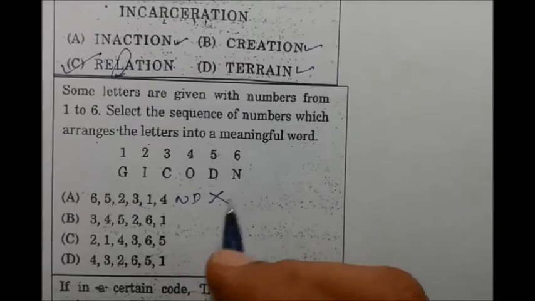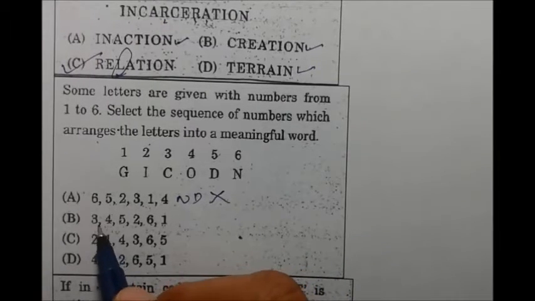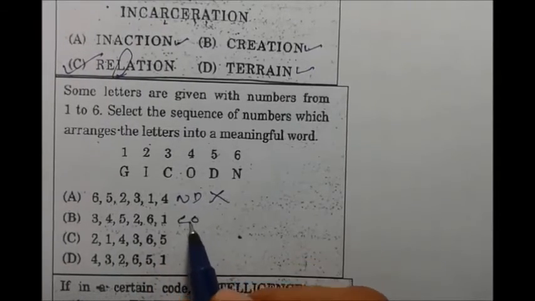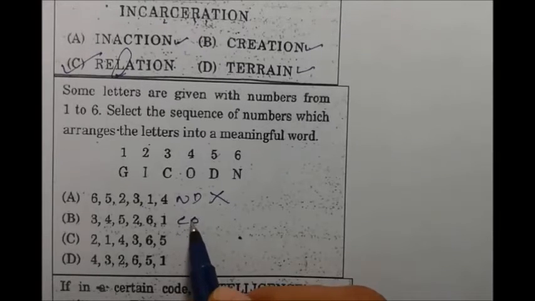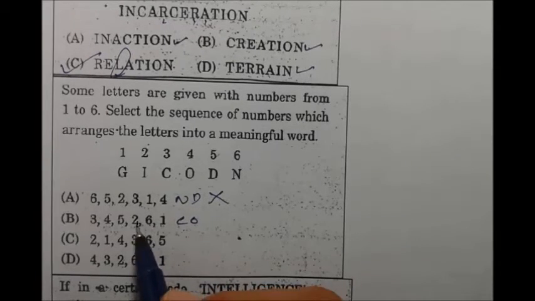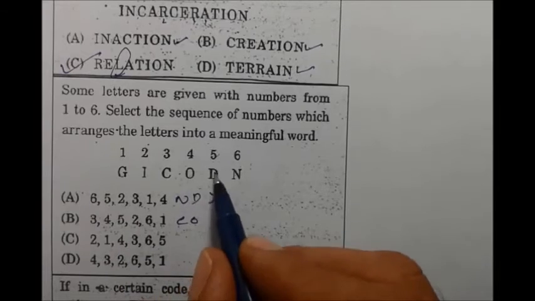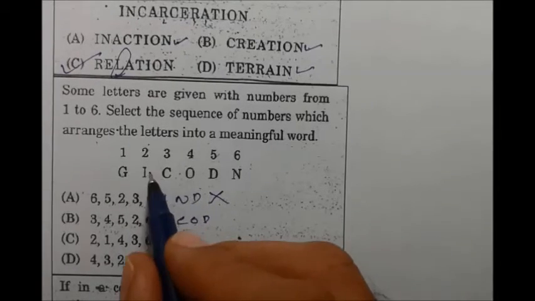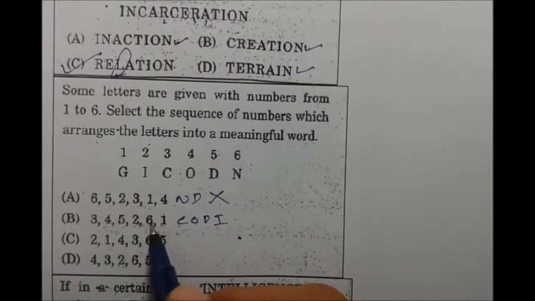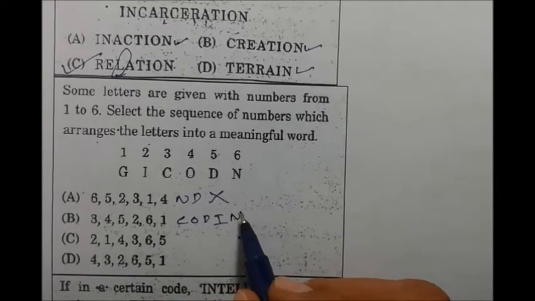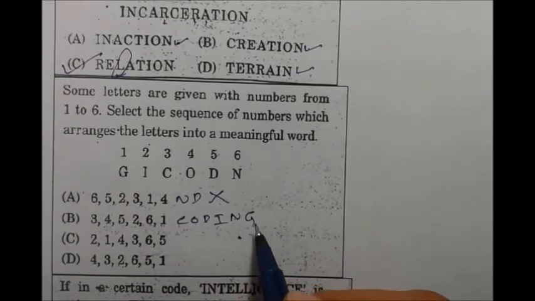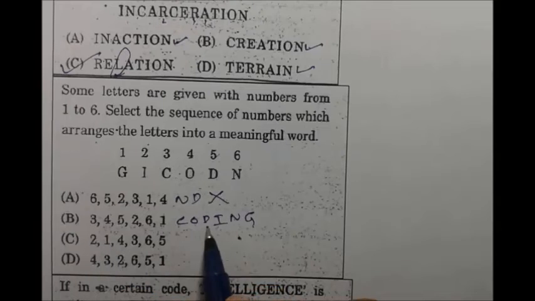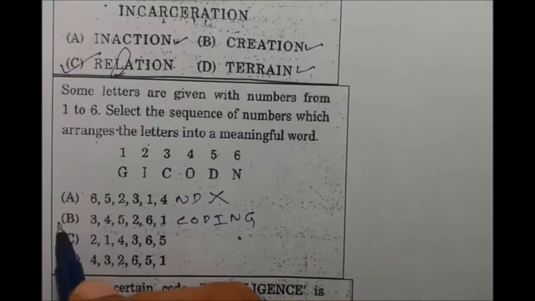So this is a wrong option. Now check B, 3, 4. So CO. You can form words with CO. So let's continue. 5, 2. 5 is D, 2 is I, and 6, 1. 6 is N and 1 is G. So coding. I got the word coding. So this is correct.